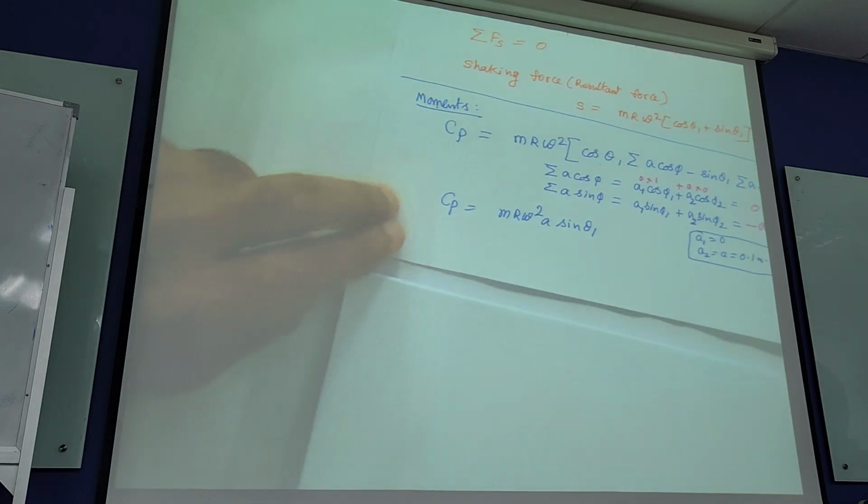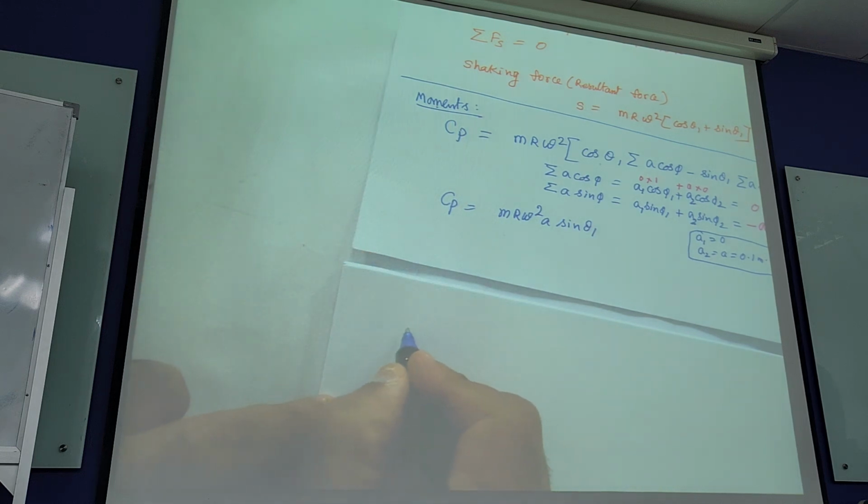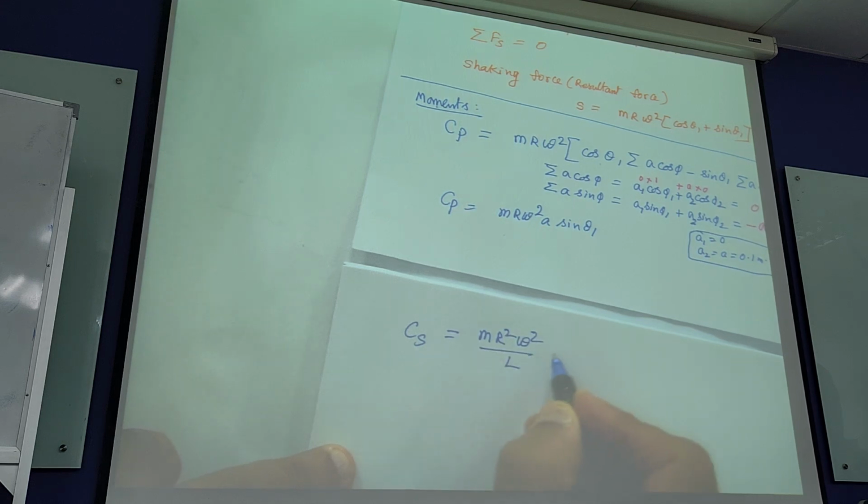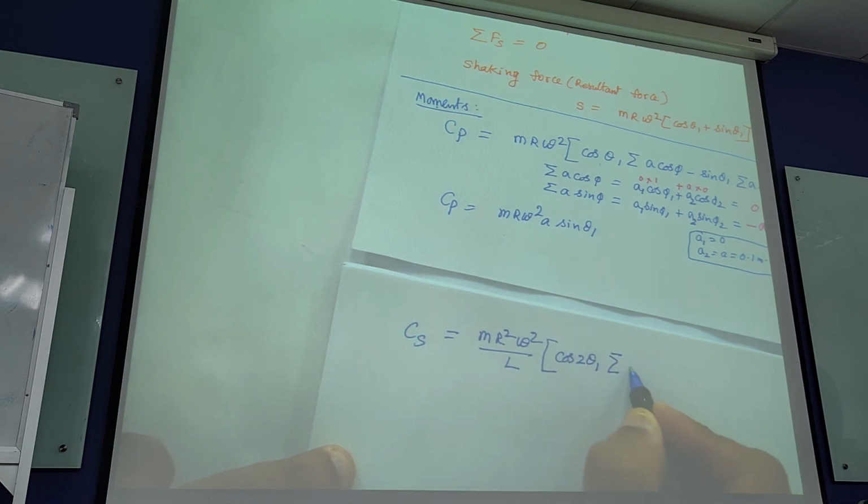Next we can calculate the secondary moment, CS. We write the equation for the secondary moment: m r square omega square over L, then cosine 2 theta 1 into the sum of A cos 2 phi, minus sine 2 theta 1 into the sum of A sine 2 phi.